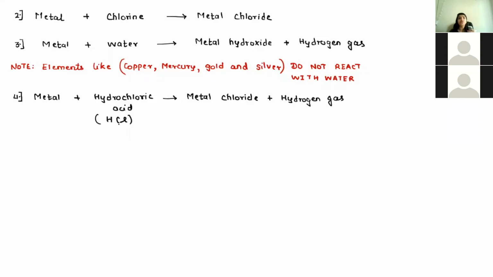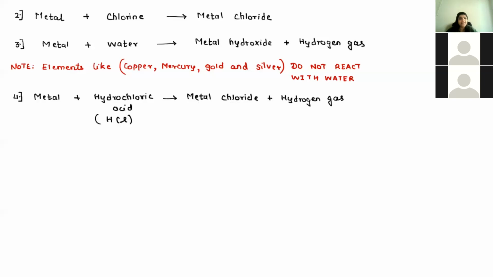So that is because there is a lot of production of HCl, that is hydrochloric acid, inside our stomach. So it's an example of an acid. Okay, so if you react metal with hydrochloric acid, you get metal chloride plus hydrogen gas.